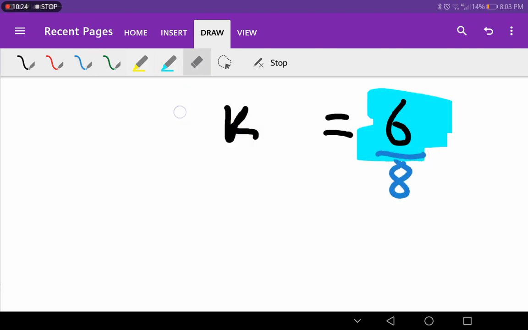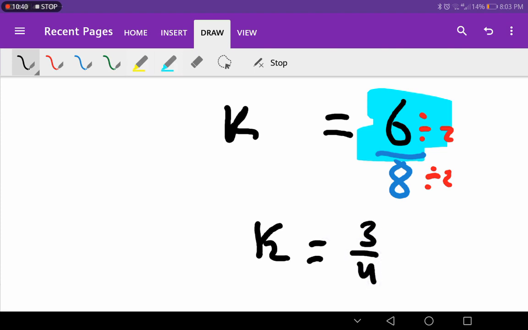The 8 will be eliminated, k equals 6 over 8. Actually this is not simplified, so I will divide it by 2 and by 2, so k must equal 3 over 4, and you know it is the famous fraction which equals 0.75. It is extra.